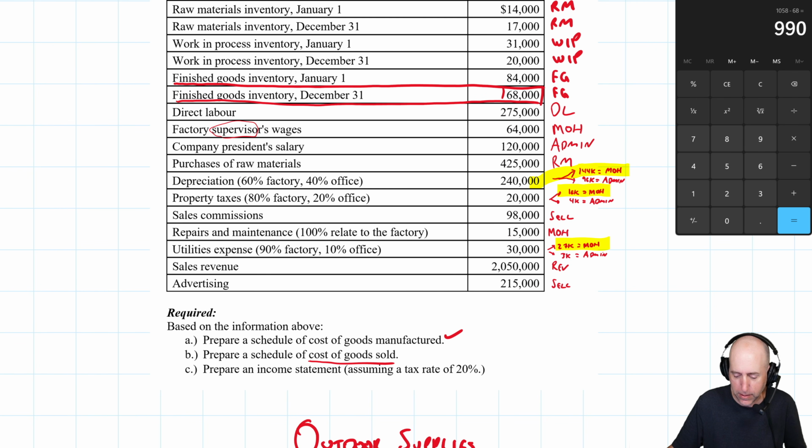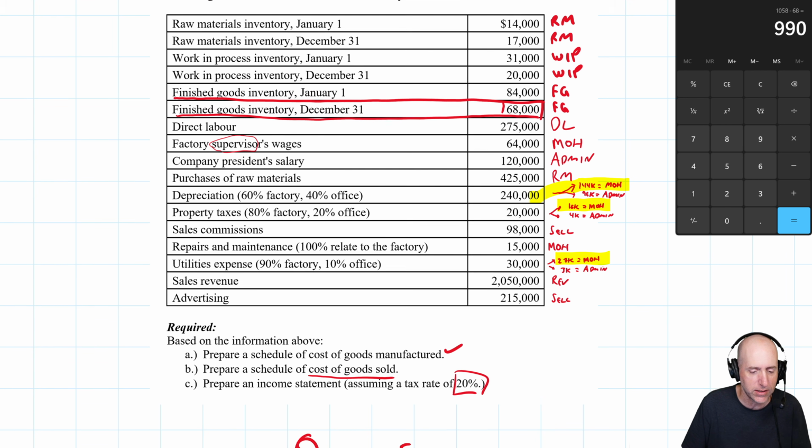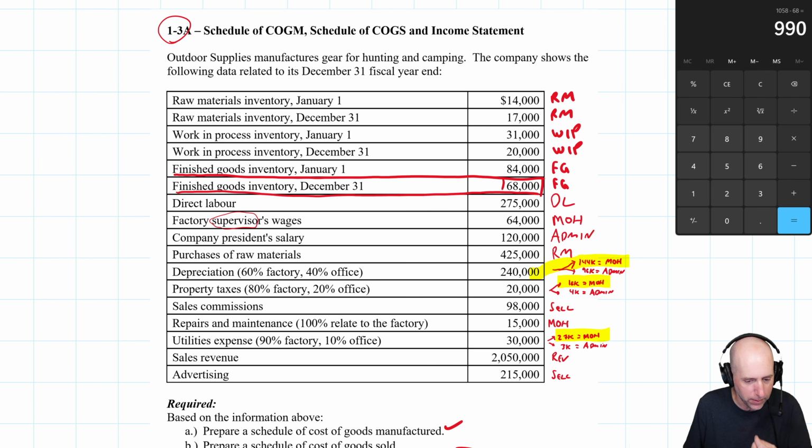It says prepare an income statement assuming a tax rate of 20%. So there's going to be some income taxes, and those weren't provided for up above, but we'll do some calculations at the end. So let's prepare our income statement. As always, an income statement is the summary of revenues and expenses, but we have to do it in a logical way.